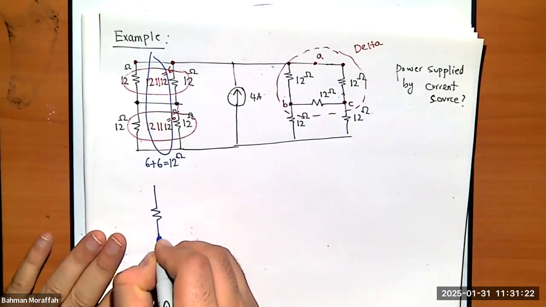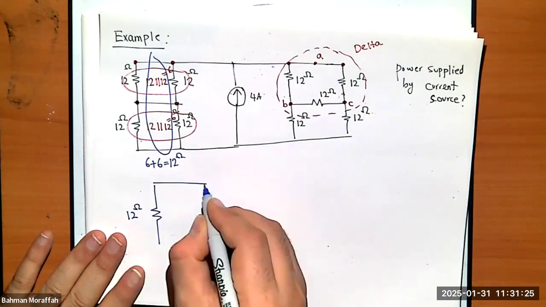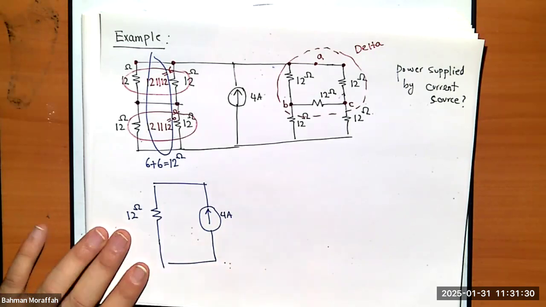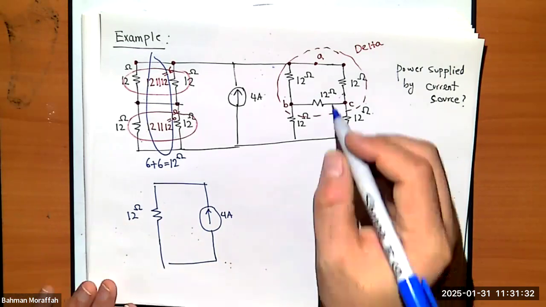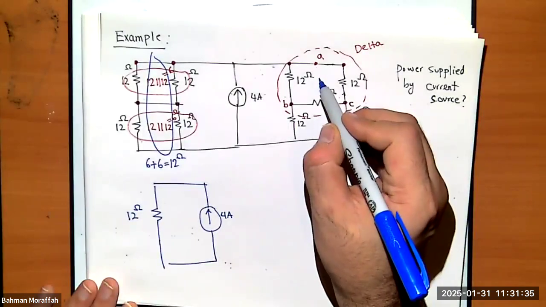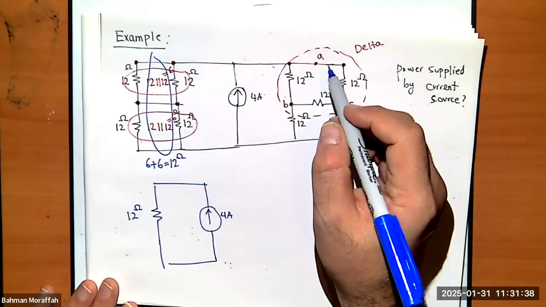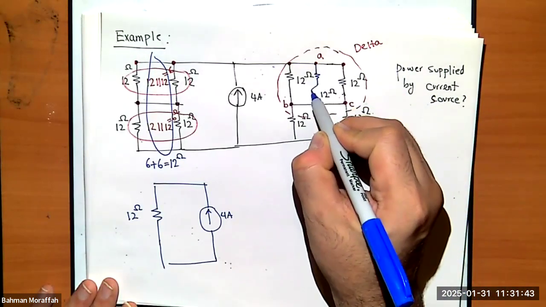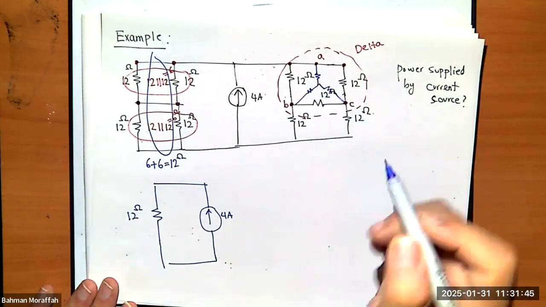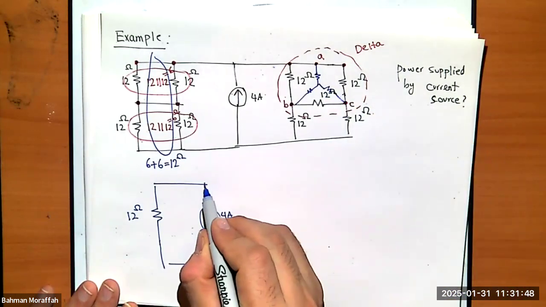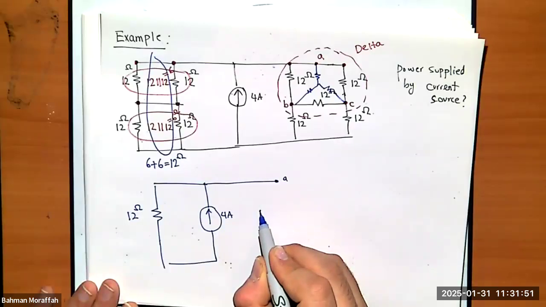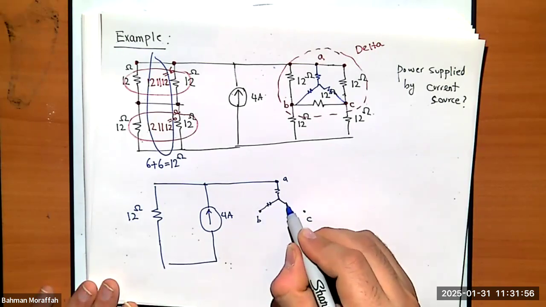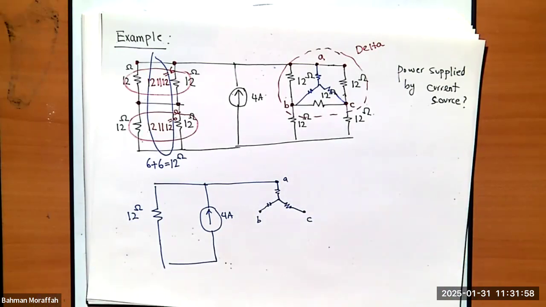So what I have here is a 12 ohm resistance. I have this 4 amps. The Y equivalent should go between A, B, and C. So it should go right here. Let's call this A, this B, and this C. So it's going to go right between these nodes.